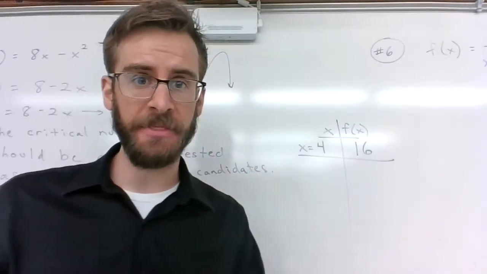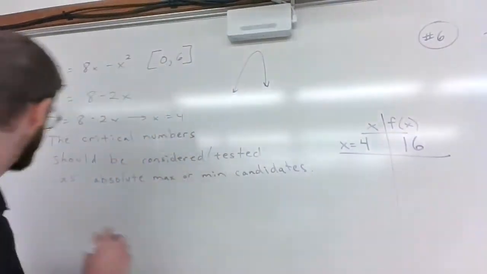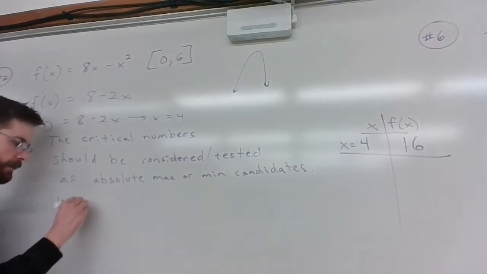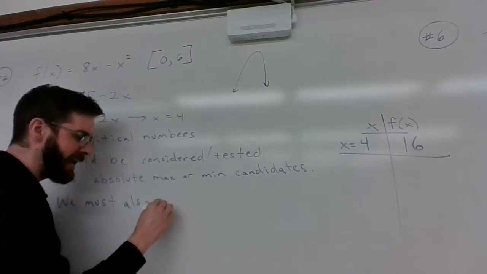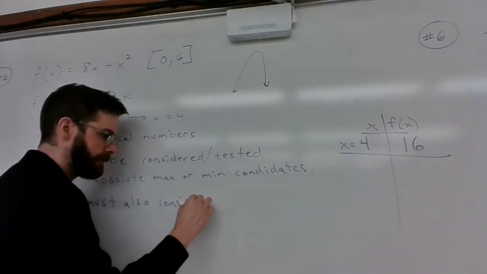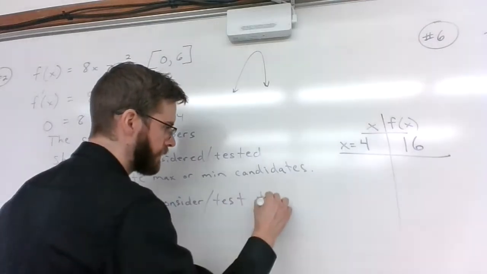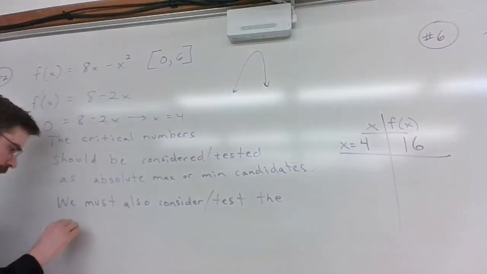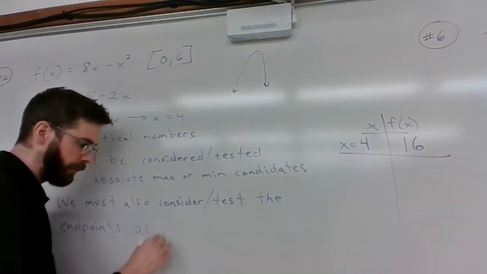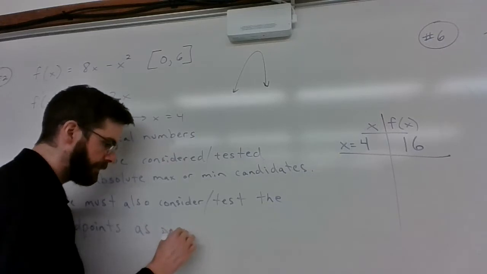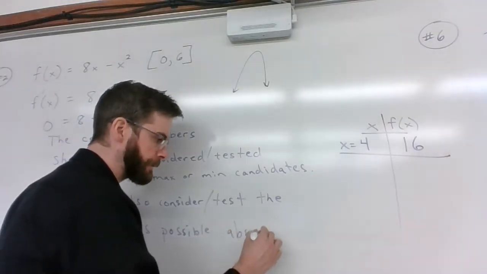But here's the second thing we should also consider. Not just the relative max or min, we must also consider / test the endpoint values as possible absolute max min values.